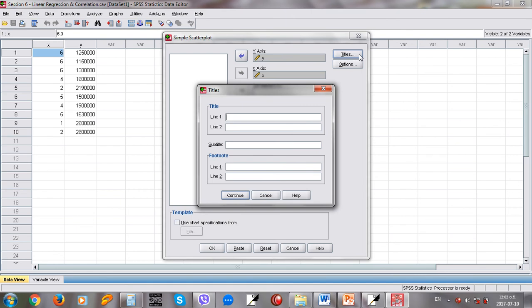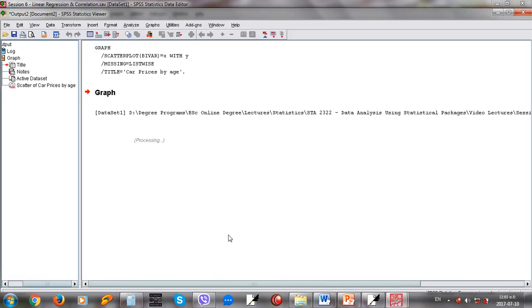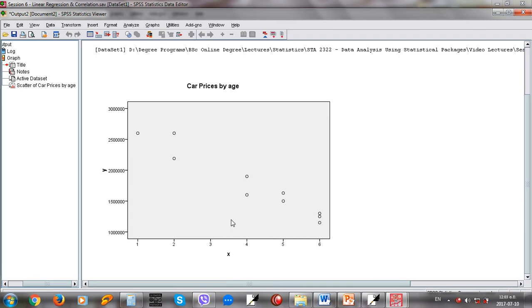Any title you like, but it should be a meaningful title. I'm adding the title as car prices by age, right? Continue, then click OK. Then you can see this output.